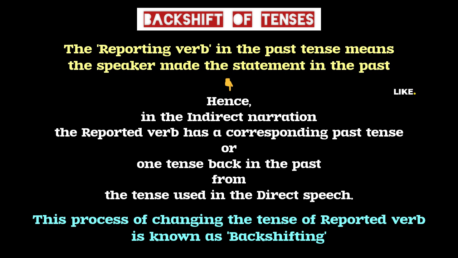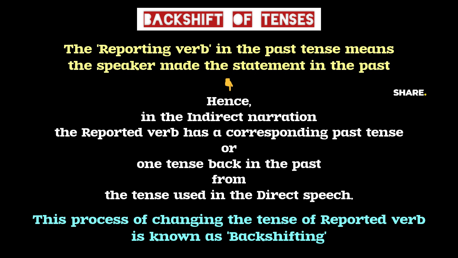In English grammar, this change of tenses in indirect narration is known as backshift of tenses. In narration change, the backshifting of tenses means when the reporting verb is in the past tense, we change the tense of the reported verb to its corresponding past tense.